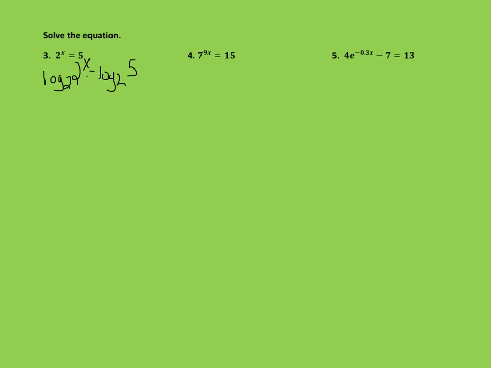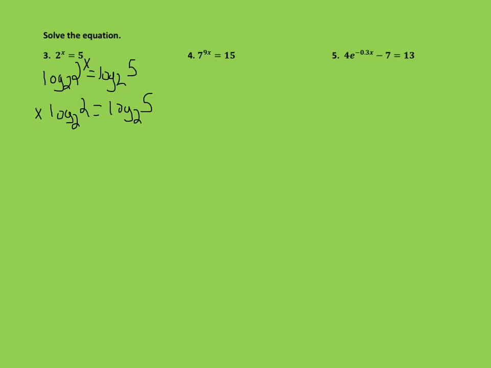Now, didn't we learn we can take this x and bring it down to the front? Okay, so I have x times log base 2 of 2 equals log base 2 of 5.